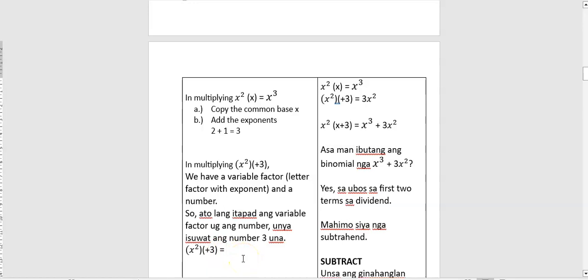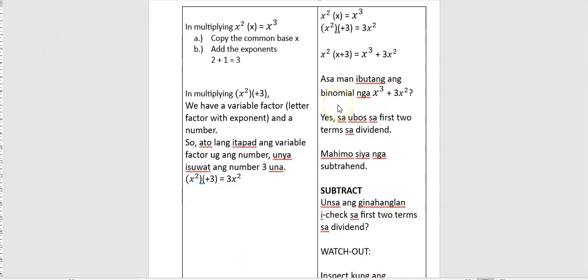So, write the number first, and then place the variable factor after it. Okay, so I hope this is clear. So, x squared times positive 3 is equal to 3x squared. So it can be written without parenthesis. Again, x squared times 3 is equal to 3x squared. Where do we place the binomial product x cubed plus 3x squared?